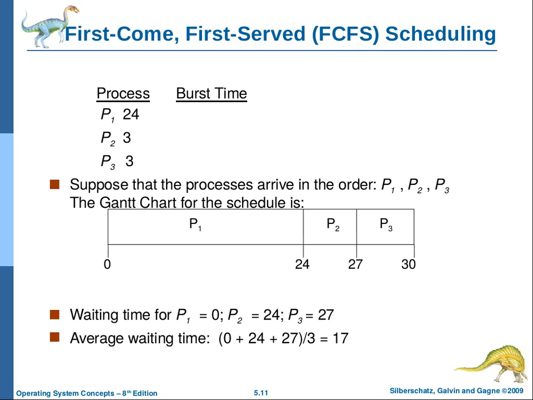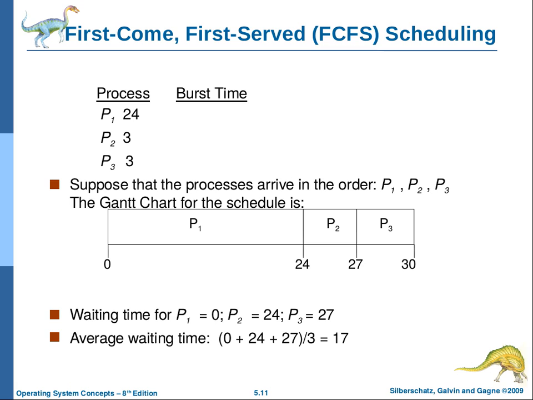P1 takes 24, then 24 to 27 for P2, and then 27 to 30 for P3. Is this preemptive or non-preemptive? It's non-preemptive. Is it preempting these processes with other things? No. They're just running one after another.